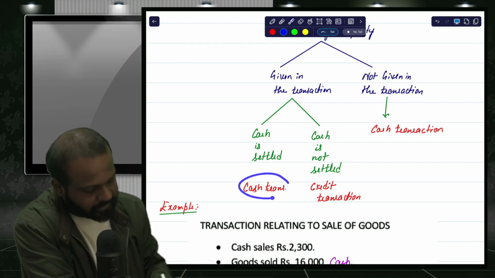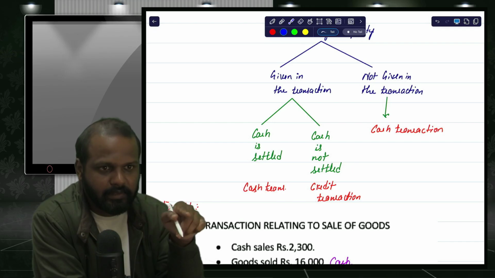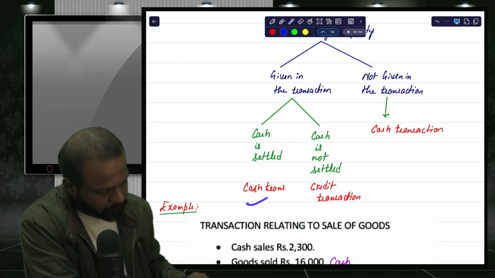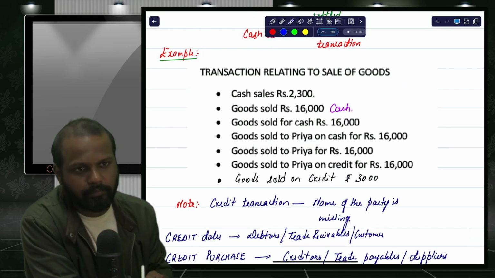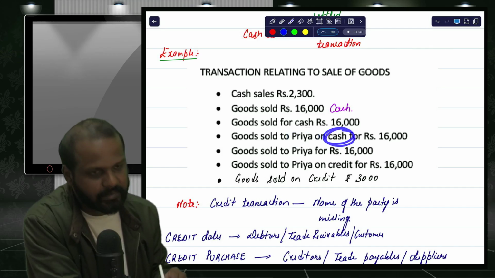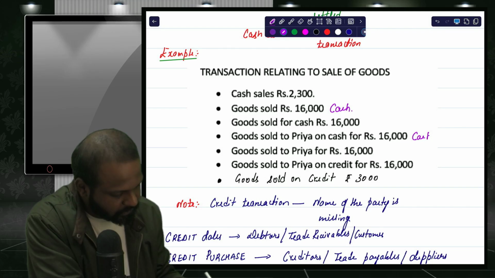Then also it is a cash transaction. See for example, goods sold to Priya on cash. They have given the name of the person and along with that they mentioned that cash is being settled. Then this is also called a cash transaction.